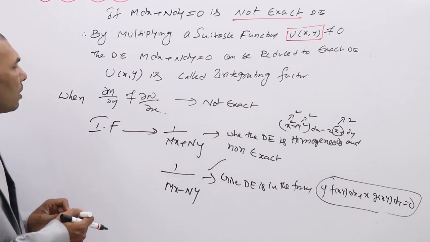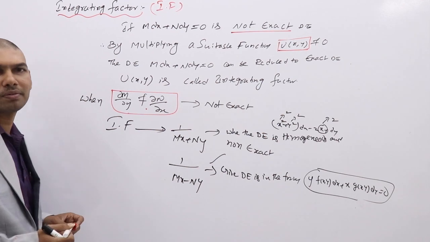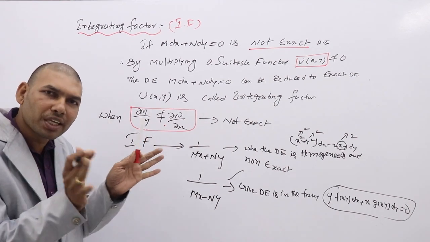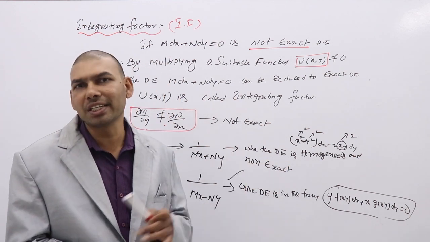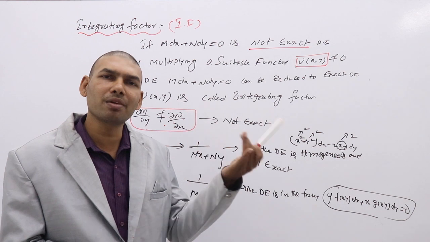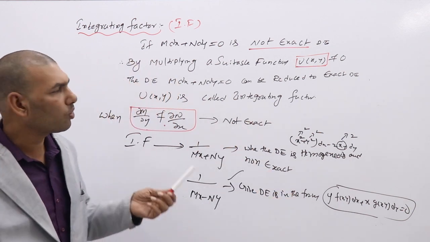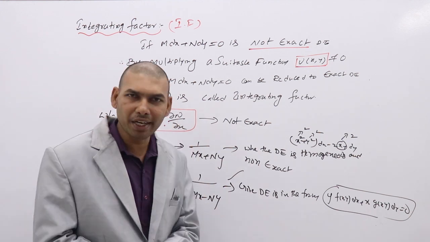We think about the integrating factor whenever ∂M/∂y is not equal to ∂N/∂x. If ∂M/∂y equals ∂N/∂x, you won't think about the integrating factor. Directly you will write the general solution, that is integral M dx plus integral of the terms not containing x in N dy plus c. But whenever ∂M/∂y is not equal to ∂N/∂x, then you need to think about the integrating factor.